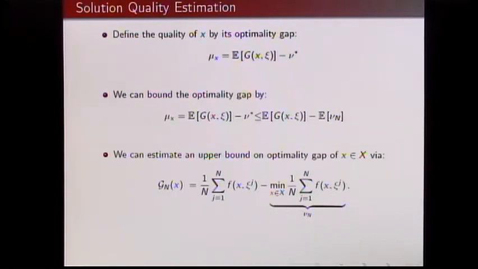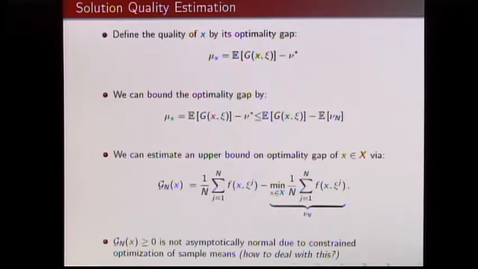Okay? Now, what are the properties of this thing? So if I do, say, crude Monte Carlo, this is an unbiased estimator of that. It will converge to that by strong law of large numbers, and so on. This one is optimized, so I know the bias exists. Also, unless I have unique optimality and some Lipschitz and so on condition, I might not have an asymptotic normal distribution of this.